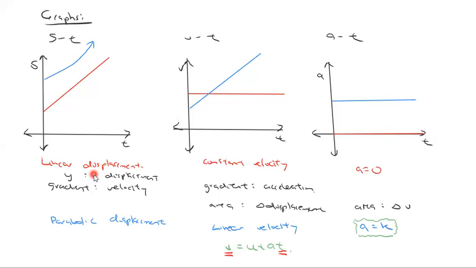Think of it as y equals mx plus b. This is your gradient, this is your x, and this is your b. And s equals ut plus half at squared, so you can also see algebraically that displacement is a quadratic in t.